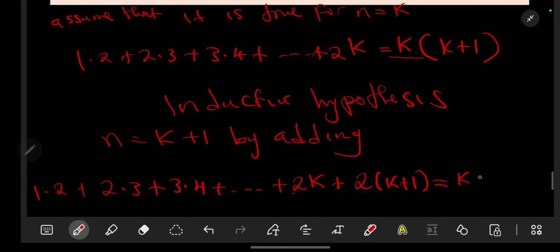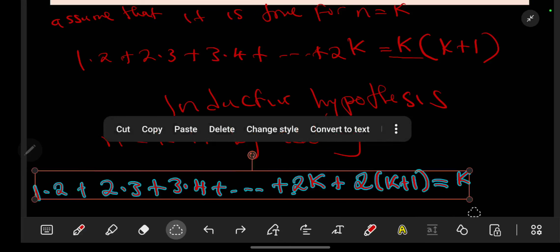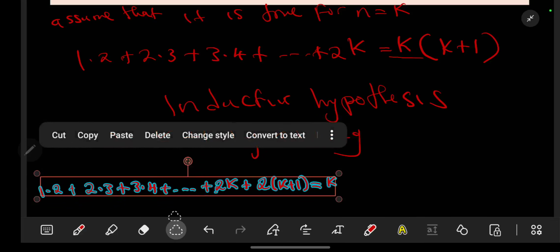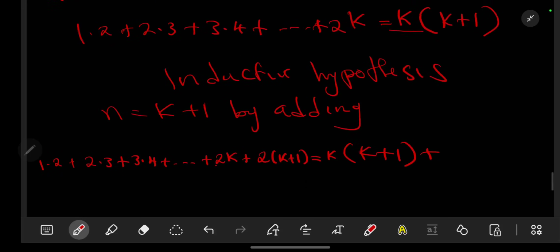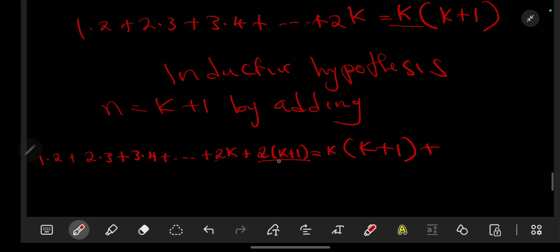So we have k plus k open brackets, let's reduce the font, hope you can see, k open brackets k plus 1. Then we are going to have plus, where there is a k, you are going to put the result for this, which will be 2 by k, it will be 2k plus 2 by 1, it will be 2. So that is what we are going to put, 2k plus 2, like that.